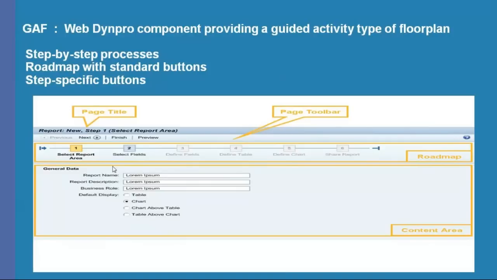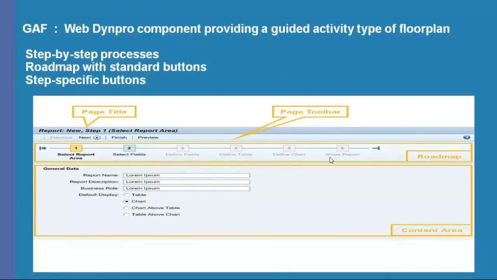In a job portal we have the guided plan, where in step 1 you provide some basic information, then step 2 some educational details, then step 3 some professional details, and so on. This is the guided activity floor plan.